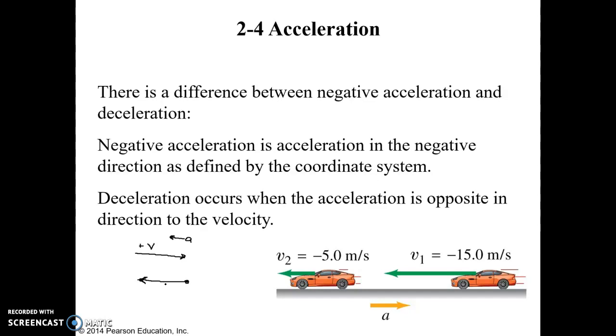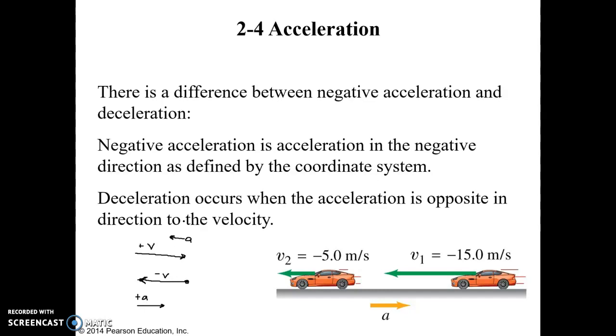And the same thing can happen in the opposite direction. If we have a negative velocity but a positive acceleration to the right, those two are opposing each other. The negative velocity is going to begin to decelerate because of this positive acceleration applied to the negative velocity.